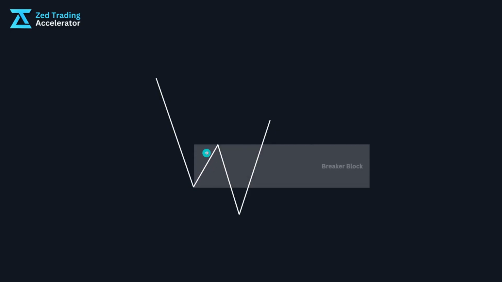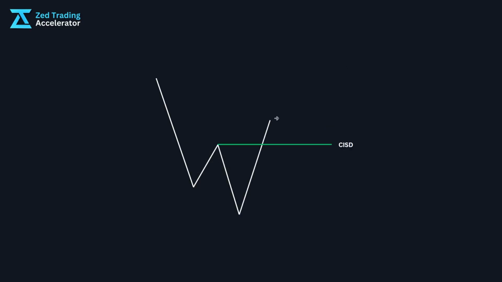Alright, this order block right here is now called a breaker block. We want to see price find some kind of support right here and continue going higher. Just like that, we now have a change in the state of delivery, or what they call the CISD, or the change in the state of delivery.